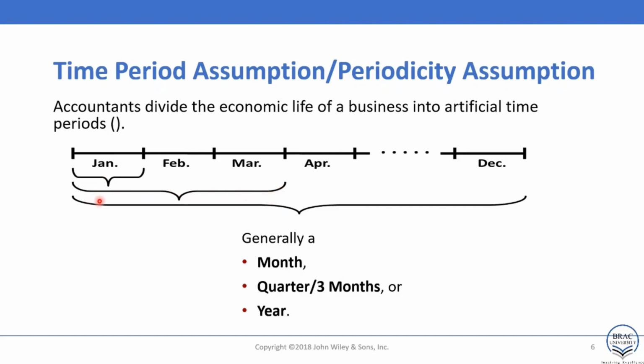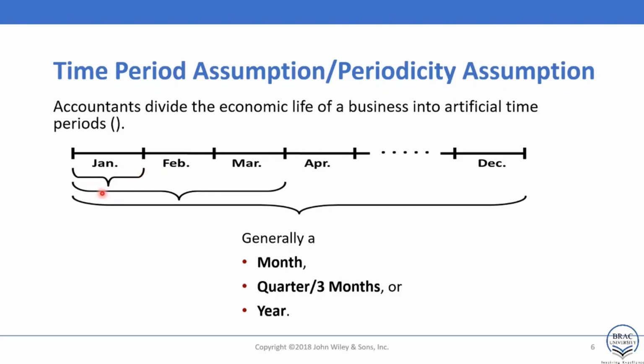And some company may decide to choose a time period of 1 year. What does this mean? The first business may restart their accounting process after every 1 month, or they may prepare their financial statements after every 1 month. So in a year they prepare 12 financial statements.